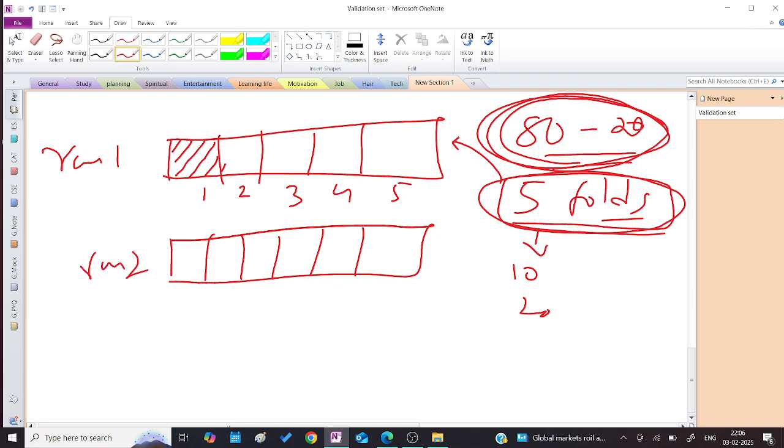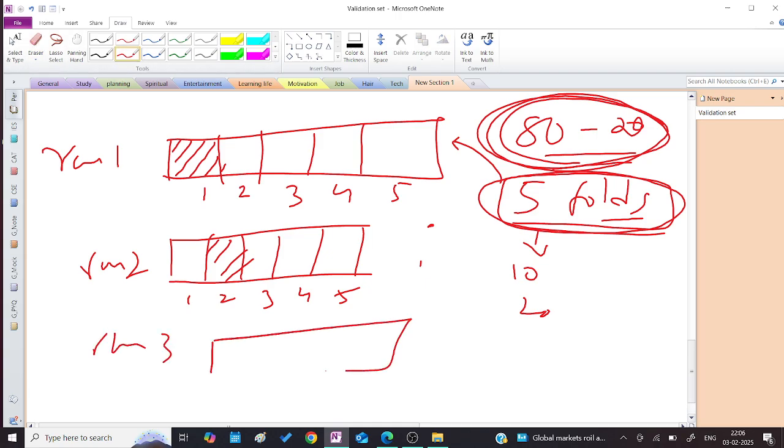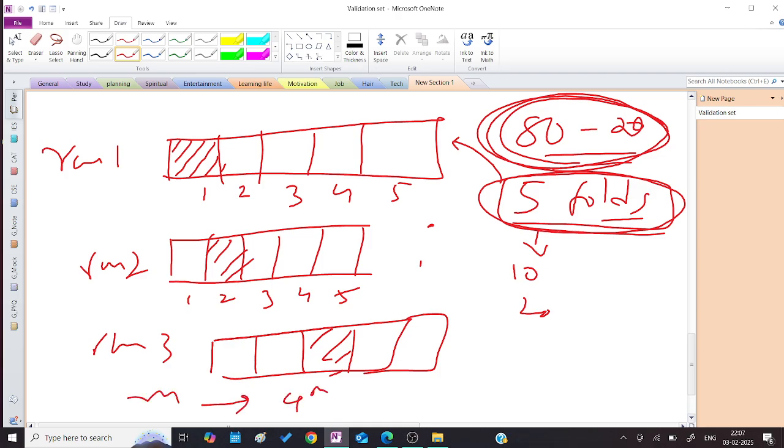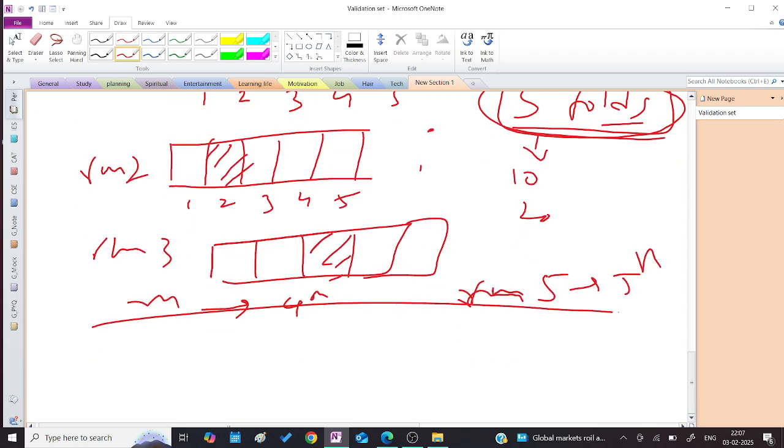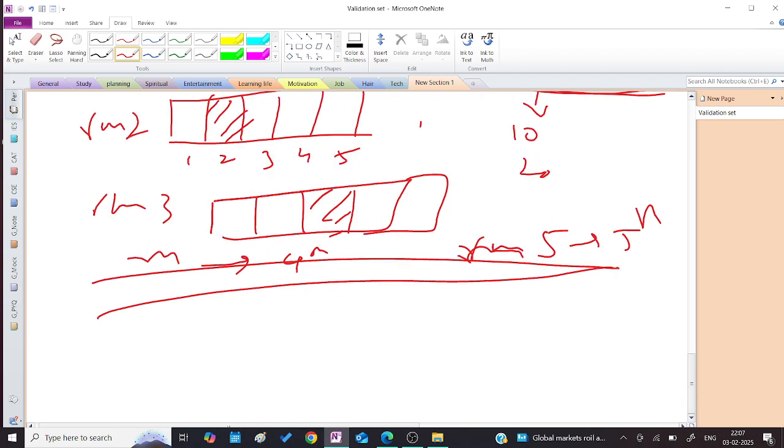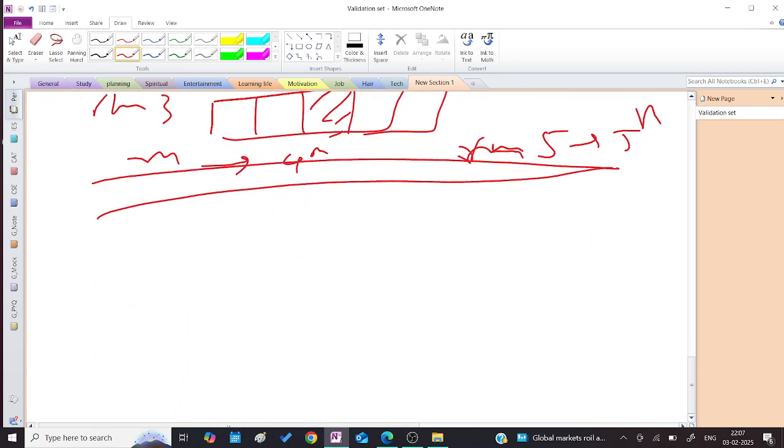For run 2 we will choose the second one, and similarly for run 3 the third, run 4 the fourth, and run 5 the fifth. In this way we will train the model and take the average to find out the actual error.